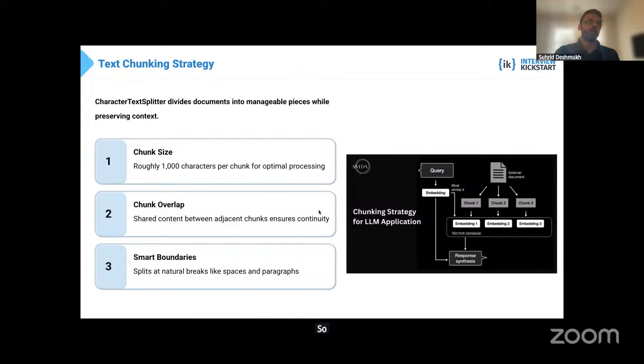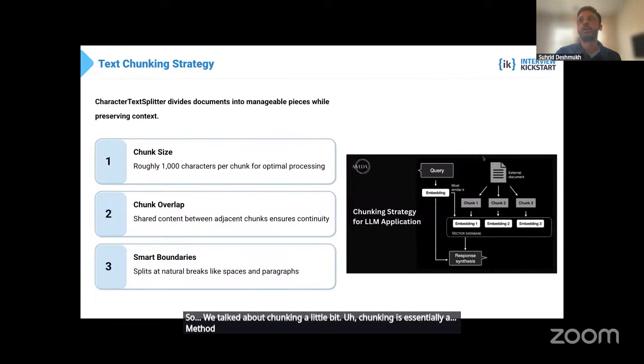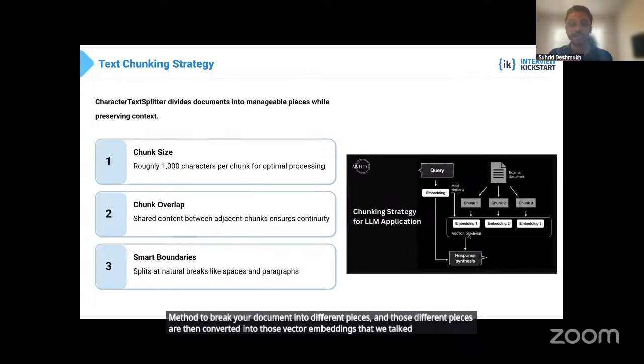So we talked about chunking a little bit. Chunking is essentially a method to break your document into different pieces, and those different pieces are then converted into those vector embeddings that we talked about earlier. And there are many different strategies associated with chunking also.